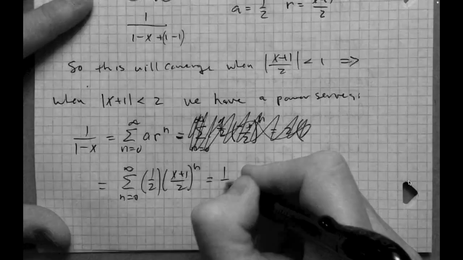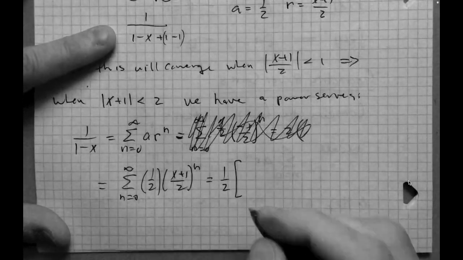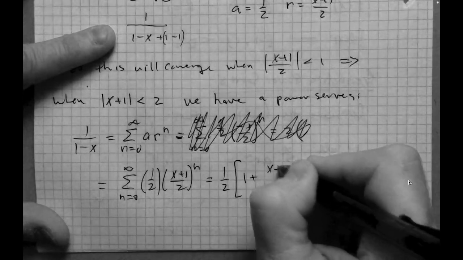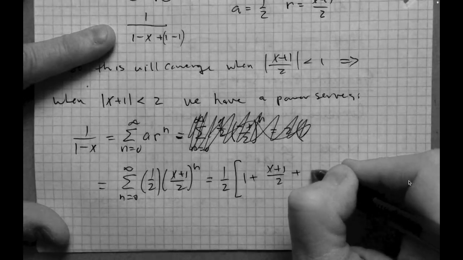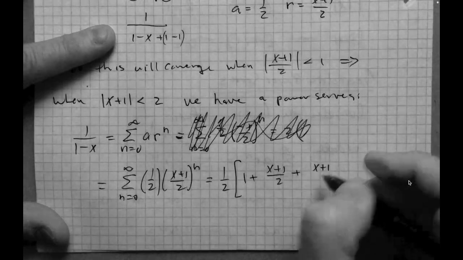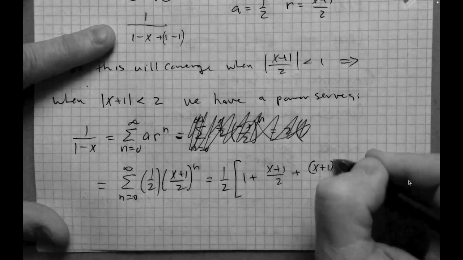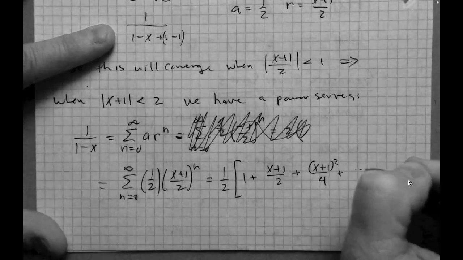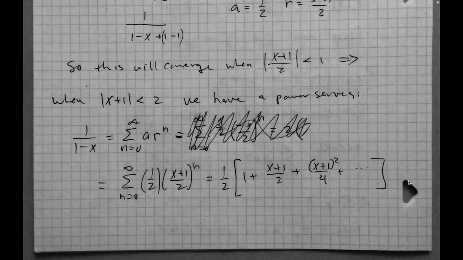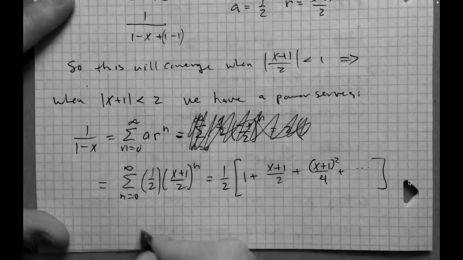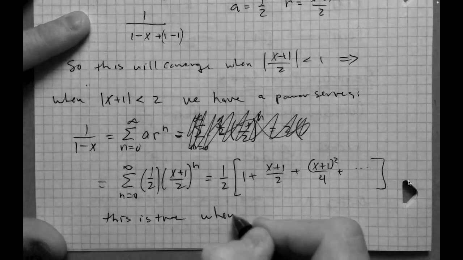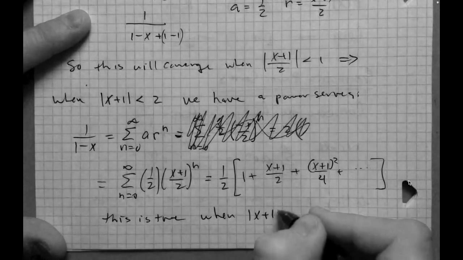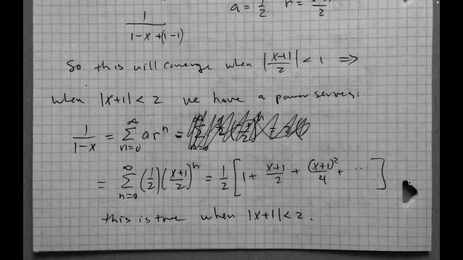And so you could expand this, right? This is basically 1/2 times 1 plus (x plus 1) over 2 plus (x plus 1) squared over 4 plus dot dot dot. Okay. And this is true whenever the absolute value of x plus 1 is less than 2. So what is that interval?